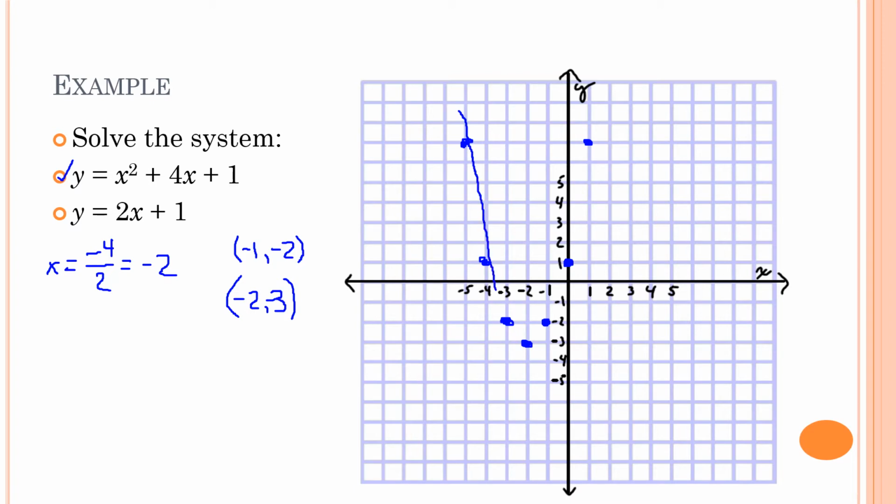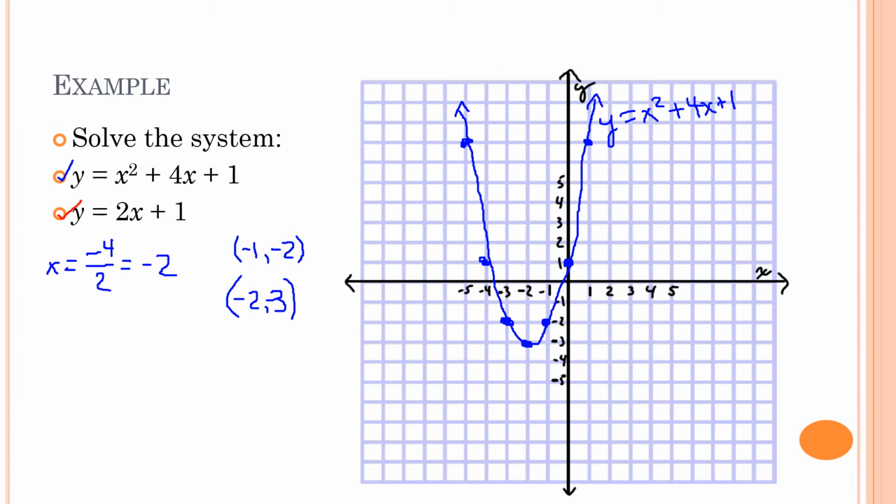And so I'll do my best here to do a good job with my curve. And of course, as always, you're labeling your functions. So y equals x squared plus 4x plus 1.